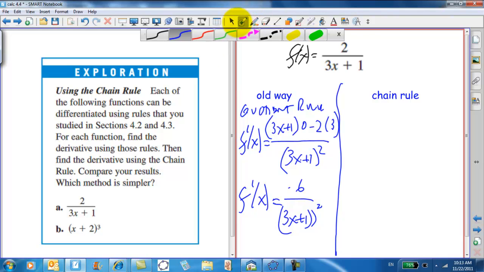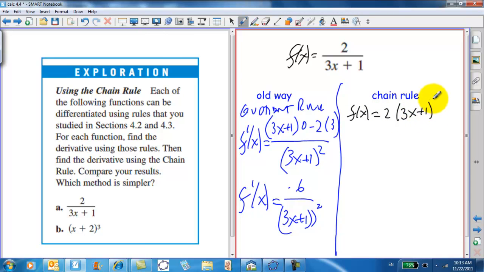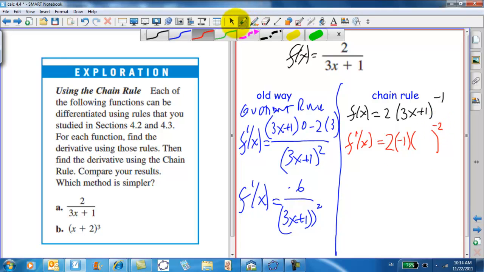The new rule says first, rearrange it. We can write it like this. First of all, f of x equals 2 times (3x plus 1) to the negative 1 power. And now, we can use the chain rule. That is, our outer function is this negative 1 power. The 2 is just a constant multiplier, it comes along for the ride. But the negative 1 comes down in front, and we take (3x plus 1) to the negative 2 power, whilst leaving the inner function 3x plus 1 alone.